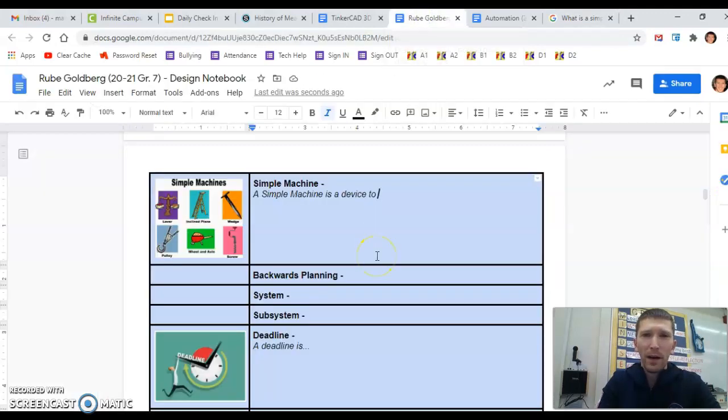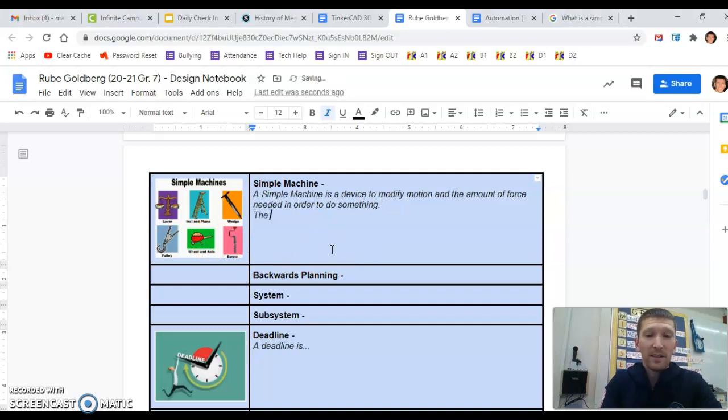So to modify motion, and when I hear the magnitude of force, I'm going to say the amount of force needed in order to do something. And additionally, you can see this picture on the side here. I'm going to add this in, and I encourage you to do the same thing.